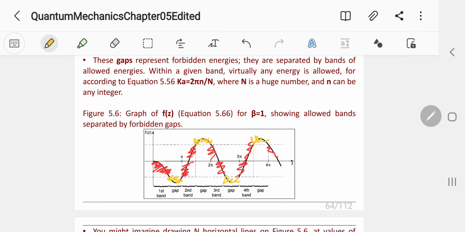Those are the band gaps of the solids. Depending on the material, depending on the electron content of the solid, they also have different band gaps.